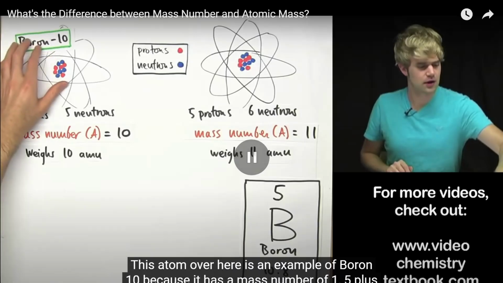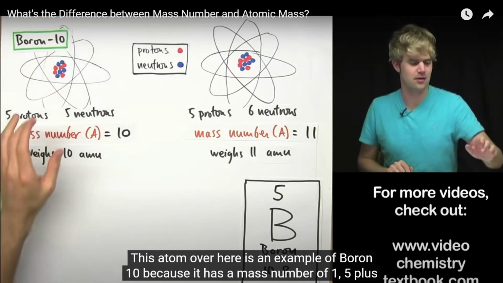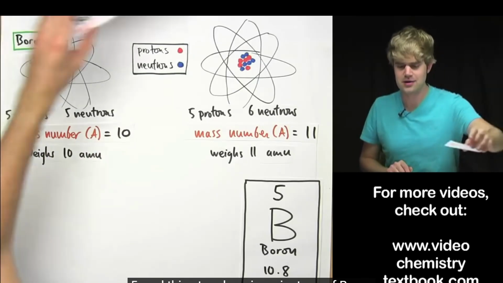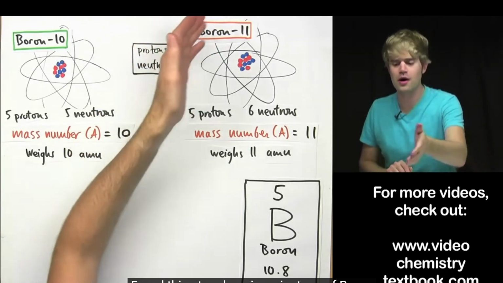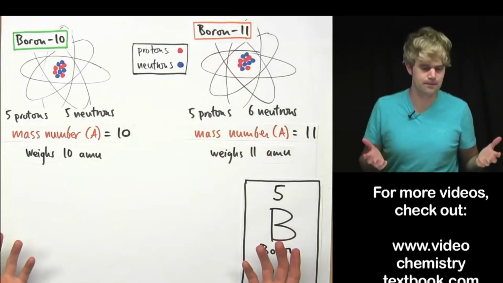So what would we call the boron on the left? We would call it boron 10. And what would we call the boron on the right? Boron 11. Here is an example of boron 10 because it has a mass number of 10, 5 plus 5. And this atom here is an isotope of boron called boron 11. 5 plus 6 has a mass number of 11.